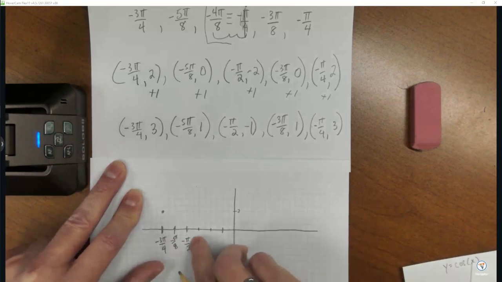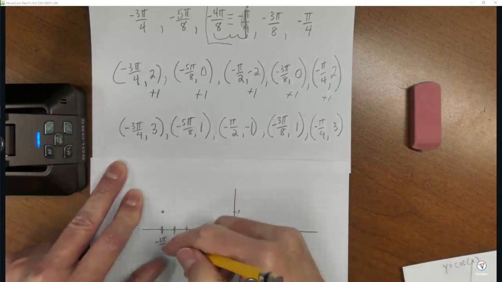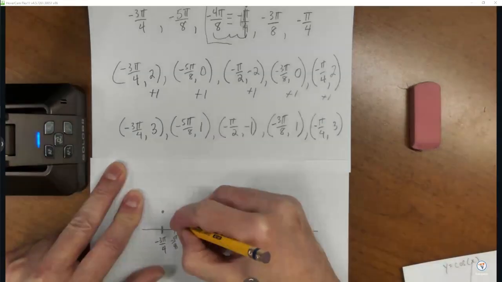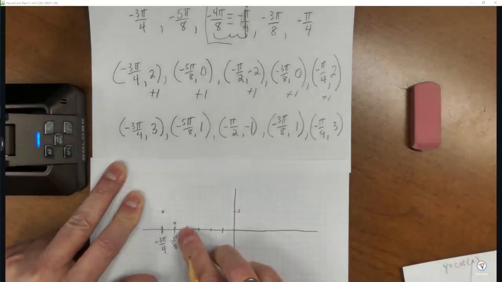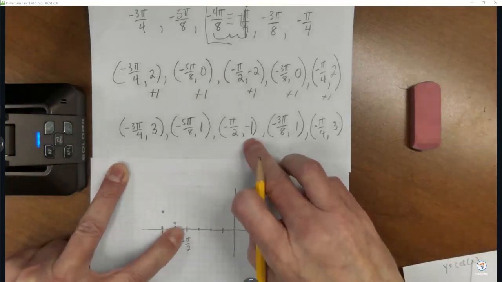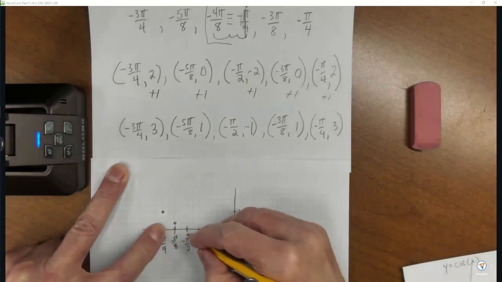This is negative 4 pi over 8, so these two reduce, but the negative 5 pi over 8 doesn't reduce. And that goes through a 1. So there's another key point. At negative pi over 2, we have a negative 1. So it's going to come down here.